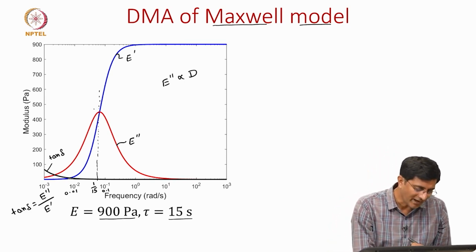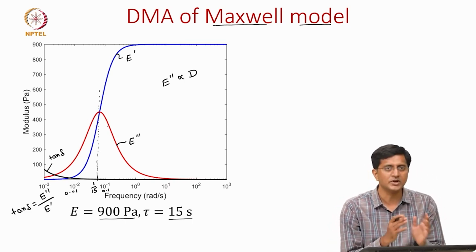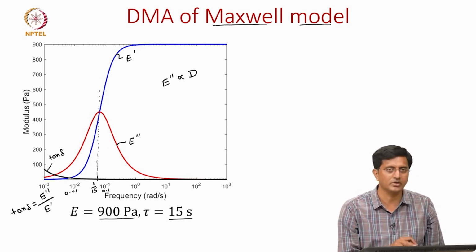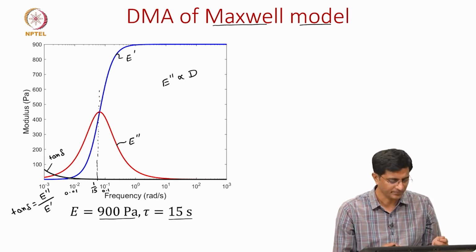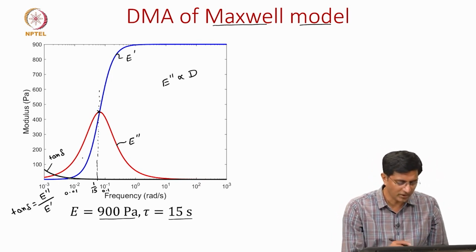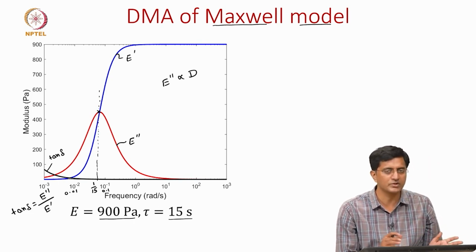So, we see that the maximum energy dissipation happens about the relaxation time, which is given as 15 seconds or 1 by 15 if we write in terms of frequencies. So, it is peaking at this 1 by 15, but again if you are looking at very low frequencies or very high frequencies, it is almost negligible.